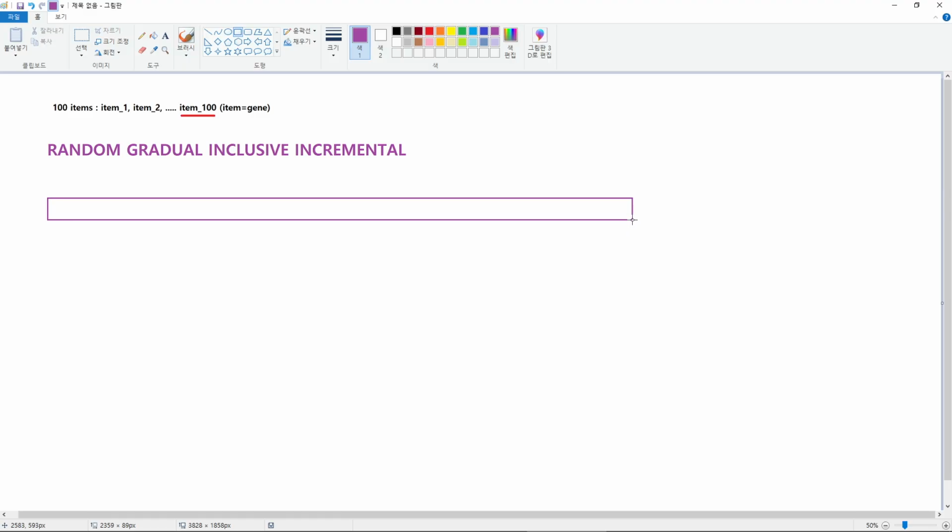Let's suppose I have 100 items, as seen here. So this rectangle depicts the 100 genes or items that I have at my disposal. Until here is 10 items, until here is 10 items, 10, 20, 30, 40, 50, 60, 70, 80, 90, and 100.